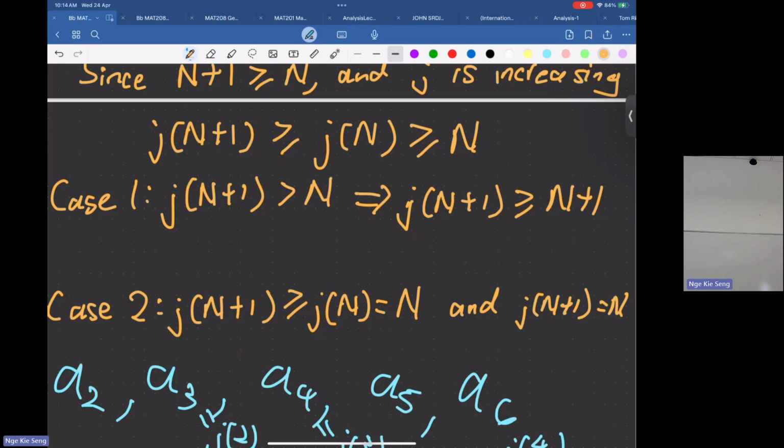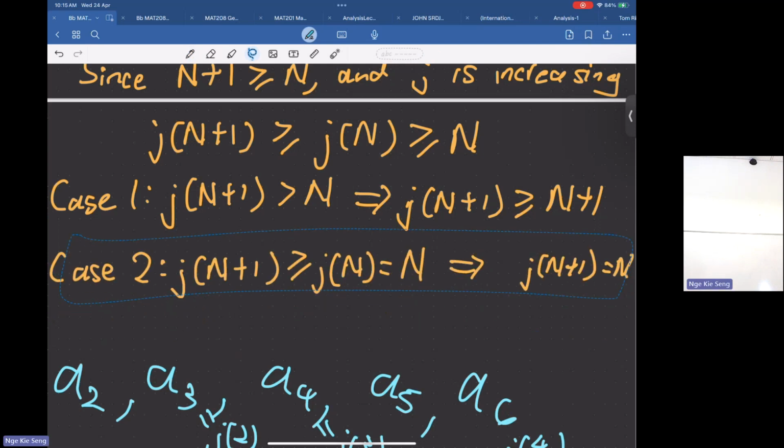So let me write like this. If Jn equals n, this implies that Jn+1 is n. Correct or not? If this is equal here, this will imply that Jn+1 equals n.